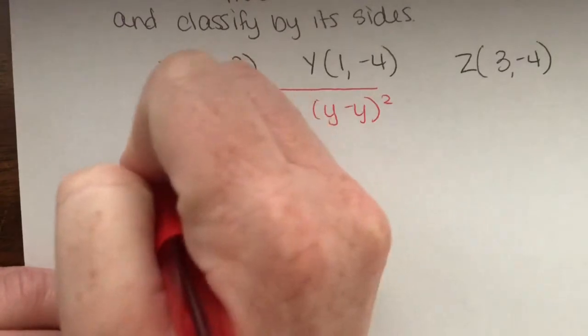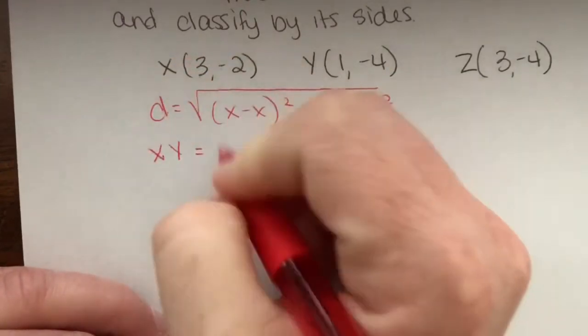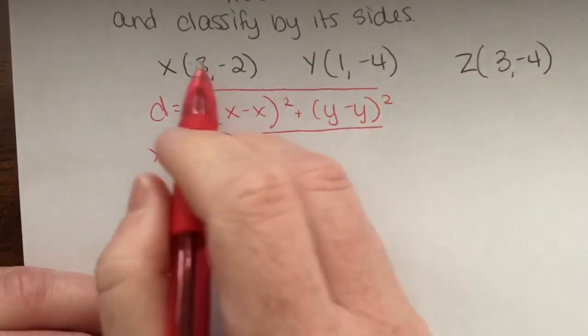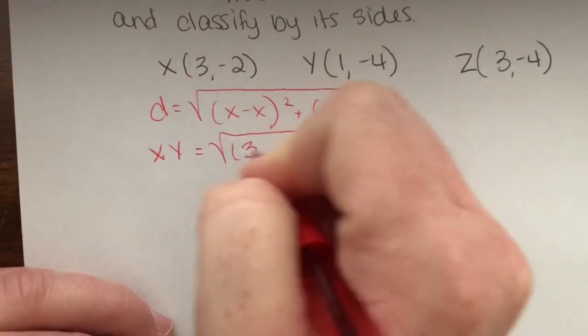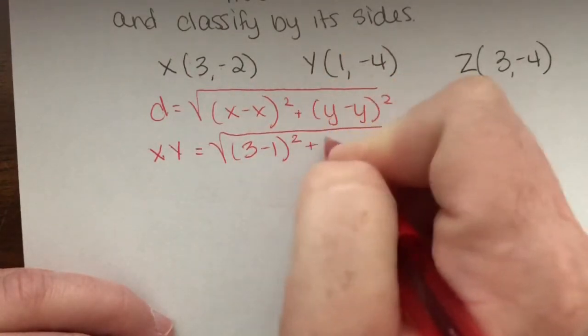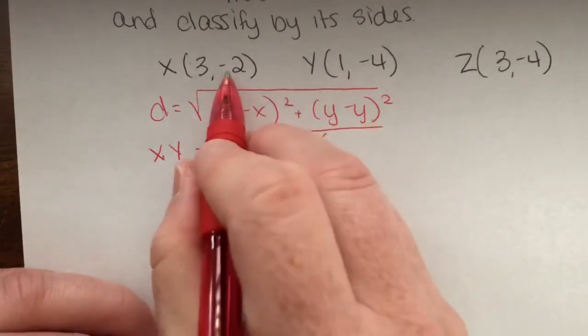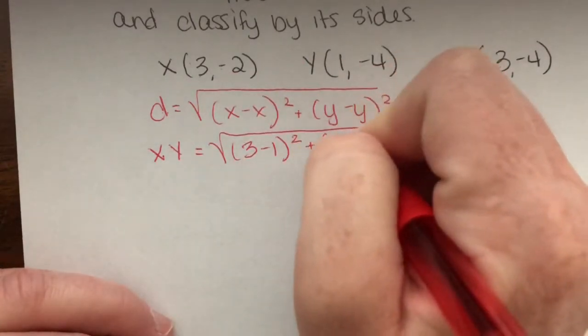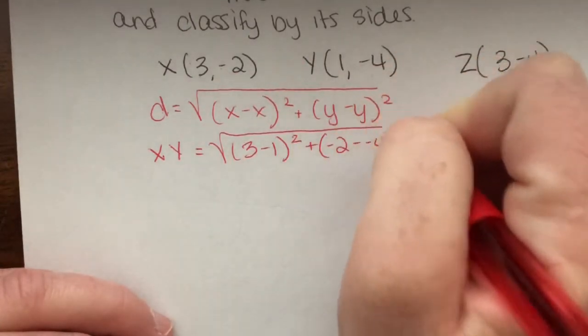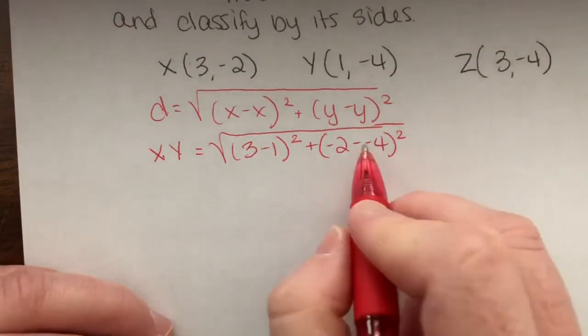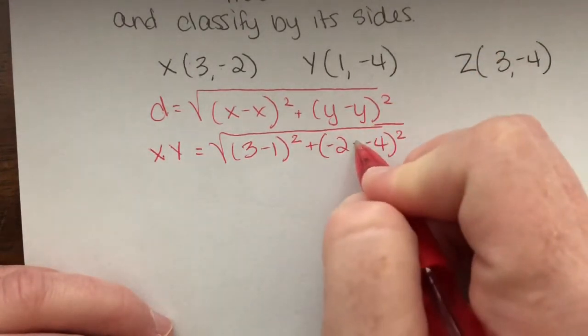So I'm going to have XY equals square root of (3 minus 1) squared. Since I started with 3, I'm going to start with -2, so -2 minus -4 squared. A minus and negative becomes a plus.